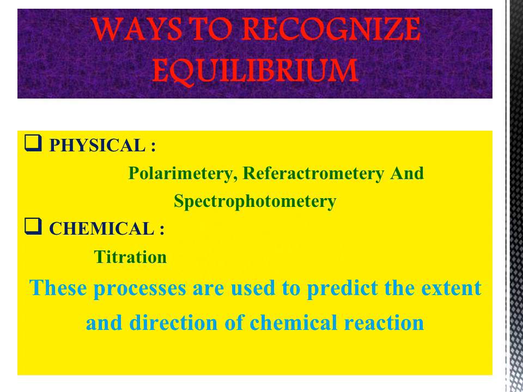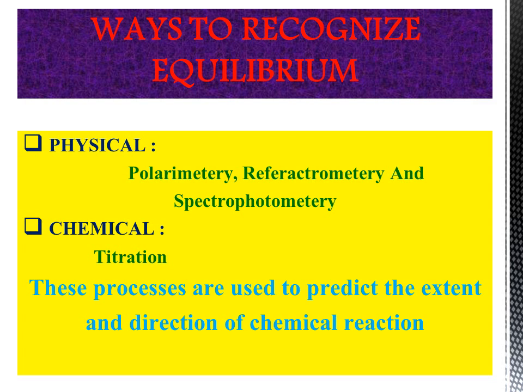We can recognize chemical equilibrium through physical processes and chemical processes. In physical processes, there are three further methods. The first one is polarimetry, the second is refractometry, and the third is spectrophotometry. And in the chemical processes, there is titration.